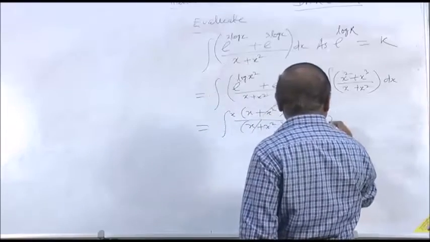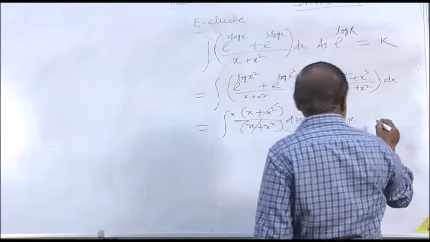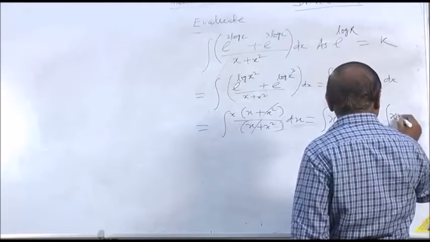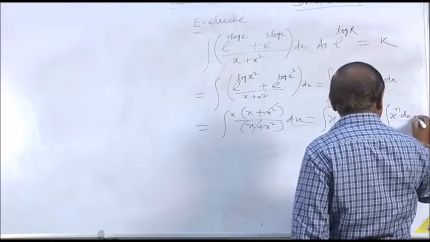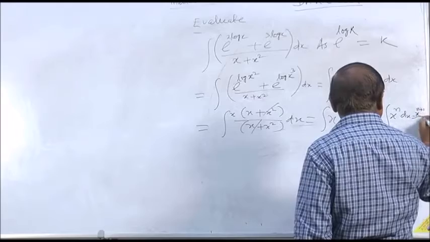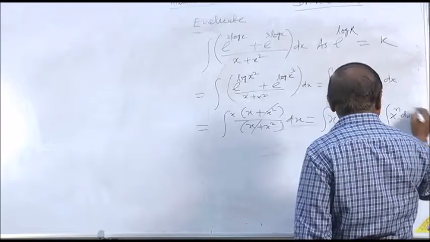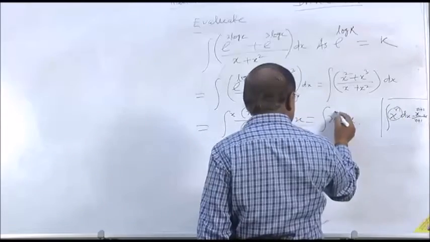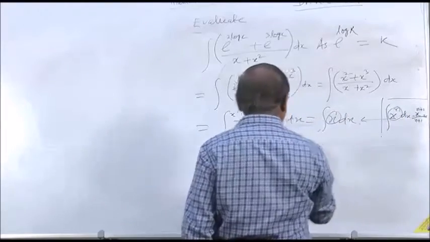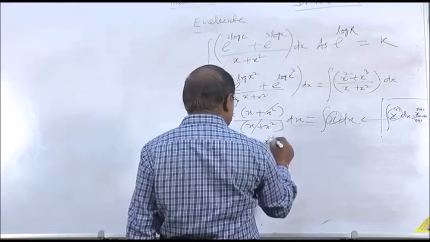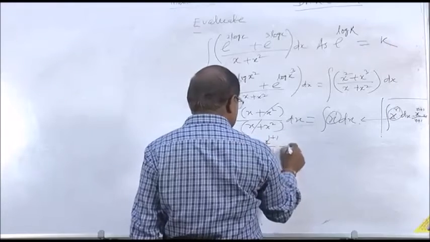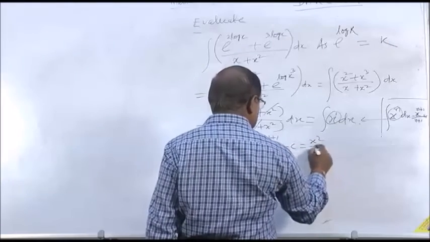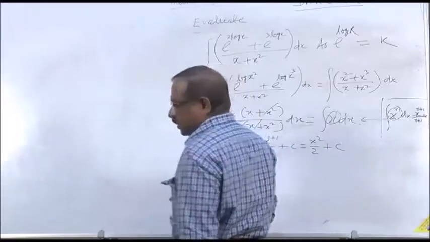You simply get x dx. Now you can apply the same power formula: x to the power n plus 1 by n plus 1 plus c. So this will be x to the power 1 plus 1 by 1 plus 1, that is x square by 2 plus c.